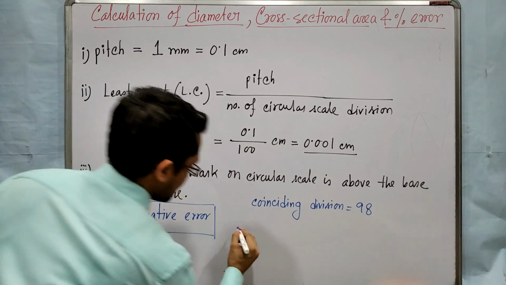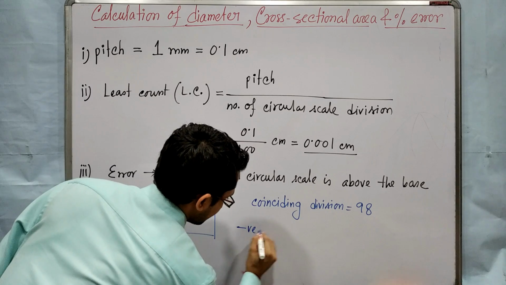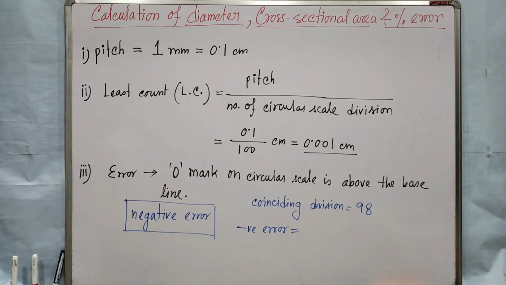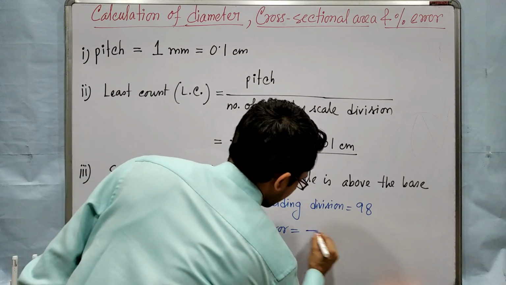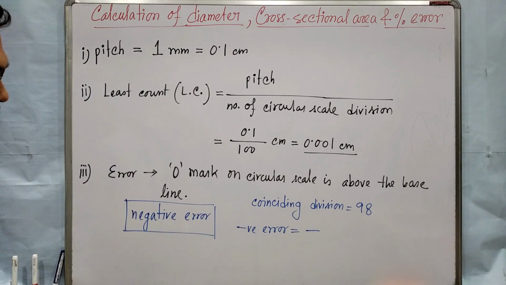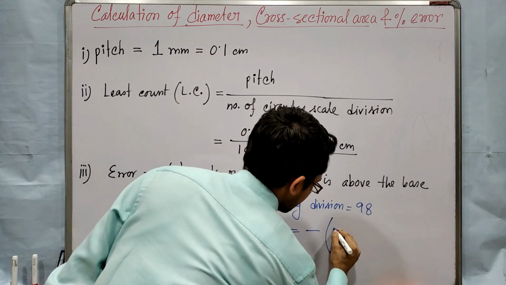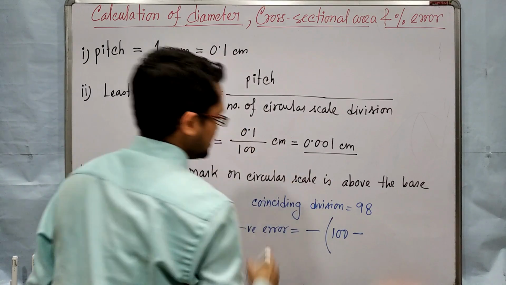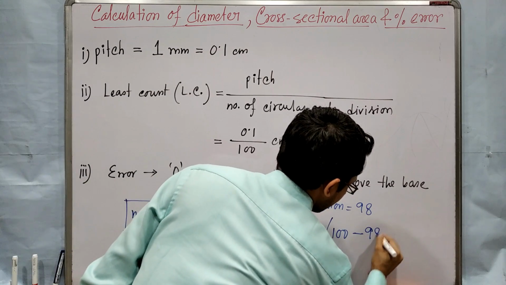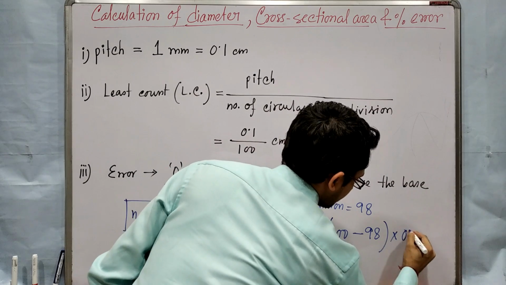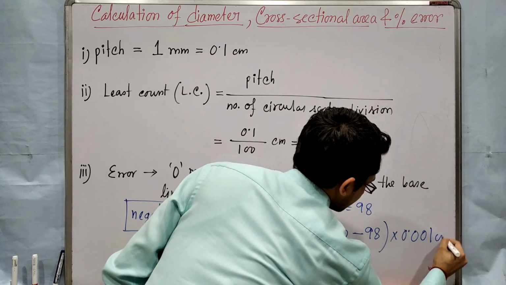Now the calculation part. Negative error equals what? Because of this negative error, first we will put a negative sign, then bracket, then the total number of circular scale divisions, that is 100, minus coinciding division 98, into least count 0.001 centimeter.